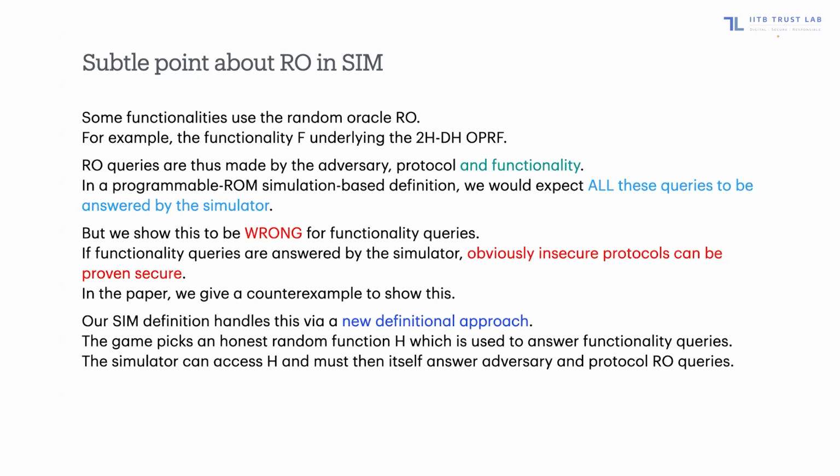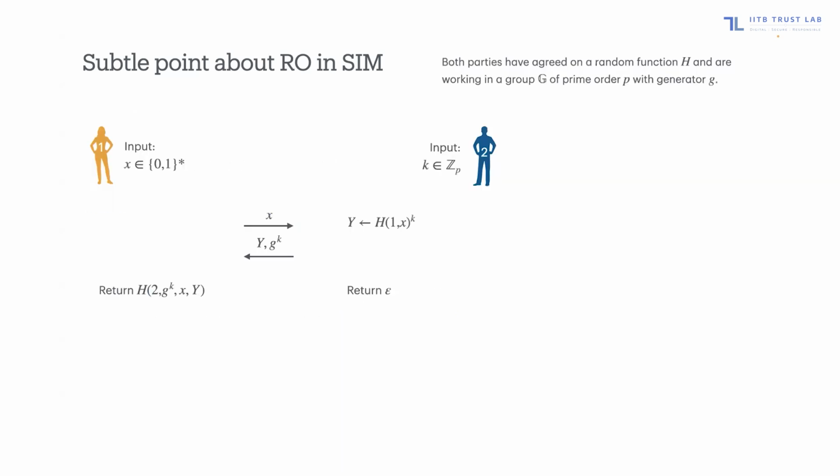Due to that, if we have the functionality use the programmed random oracle queries from the simulator, we can show that some obviously insecure protocols can be shown to be secure. So we handle this in a different way, where we say that the functionality always needs to use the honest random function.